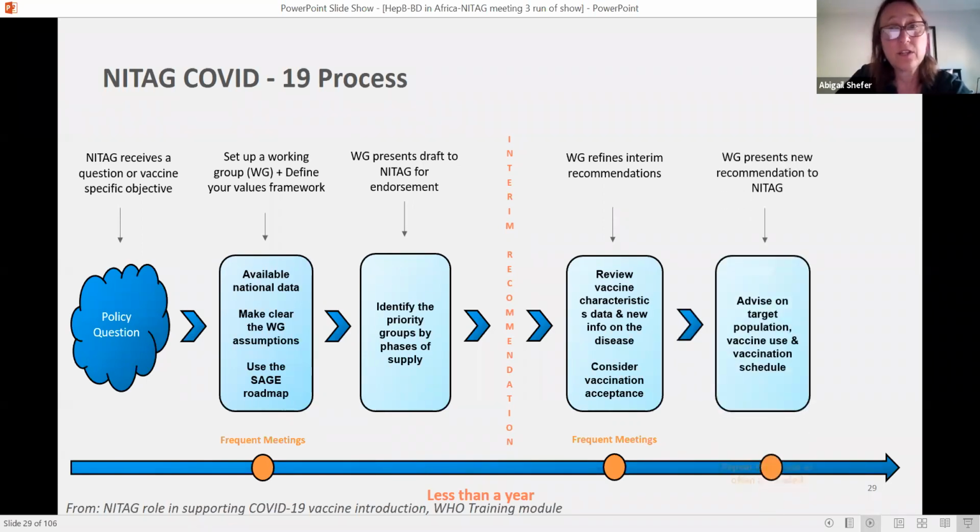And so usually there may be recommendations that are updated or changed routinely for NITAGs, but for COVID-19 vaccine, this has been much more emphasized. So the two main differences: the whole process is usually completed in less than a year, which has been seen for COVID-19, and there are much more frequent meetings of the NITAG. Okay, that's just a little background on the process. And next slide, please.